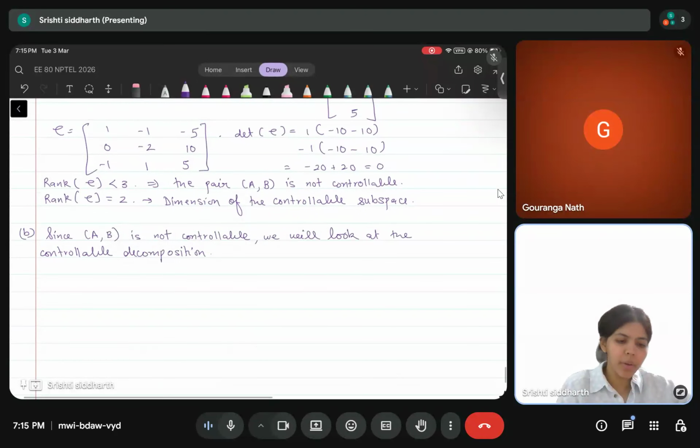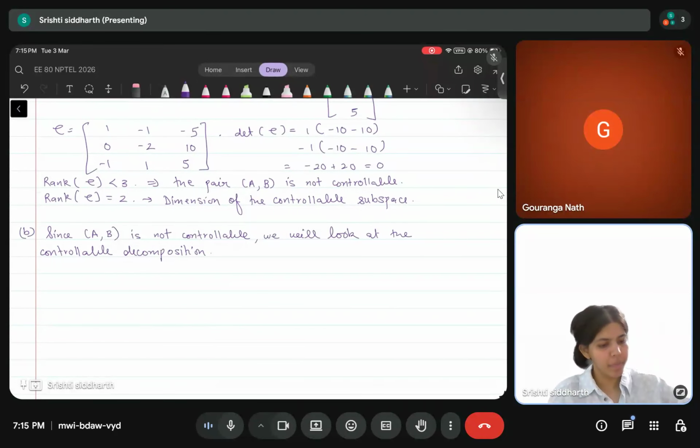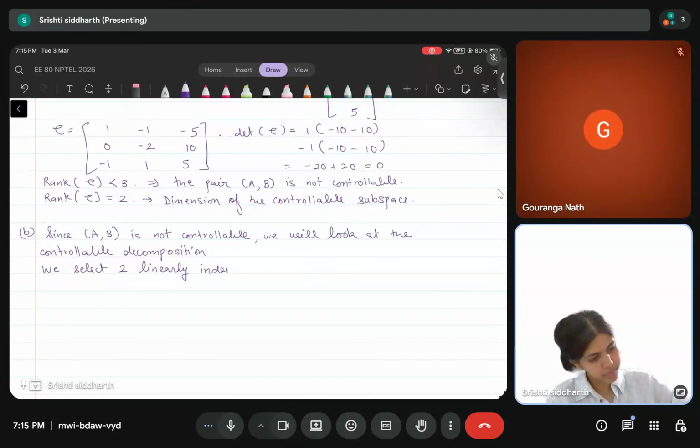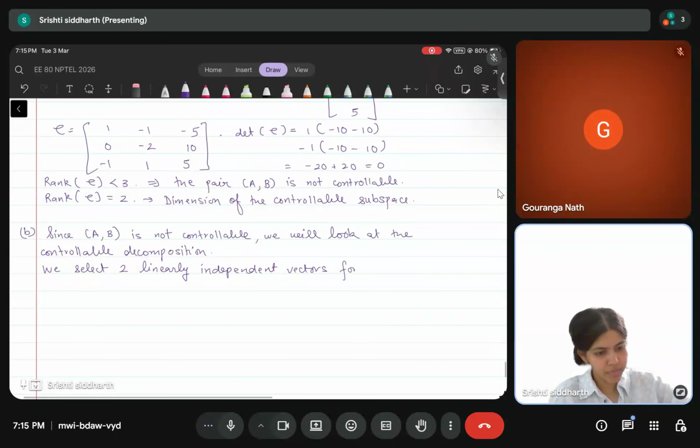There are going to be two independent vectors from the controllability matrix because its rank is 2. So we select two linearly independent ones. Let's select the first one, 1, 0, minus 1.